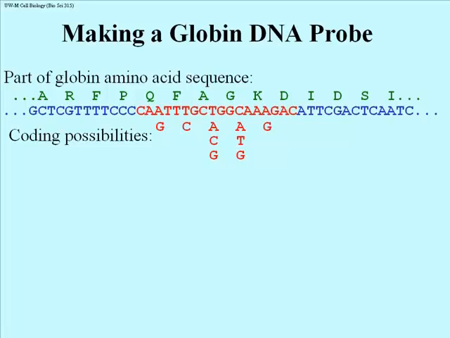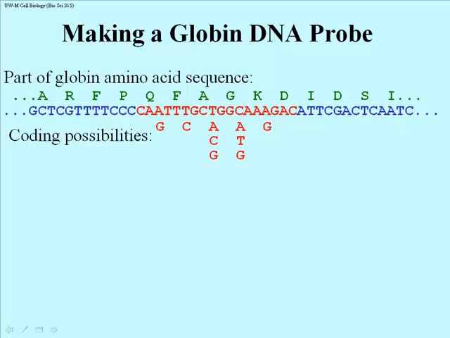Well, here is, in the form of DNA, the possible code words that you could use to encode a portion of this polypeptide. And that's basically determined by going back to the genetic code dictionary, also in this case to an amino acid dictionary, so you know what Q, F, A, G, K, and D are. K is lysine, I remember. D is aspartic acid, G is glycine, A is alanine, F is phenylalanine, and I forget what Q is, probably glutamic acid or something like that.